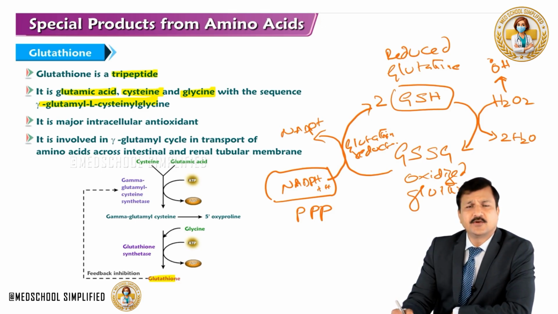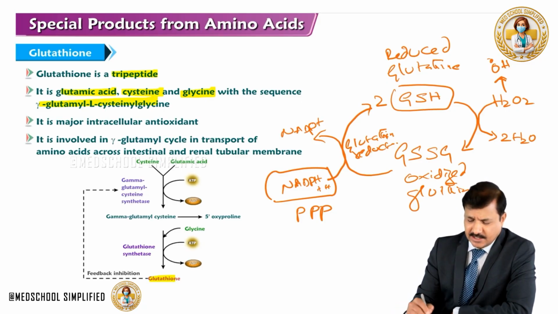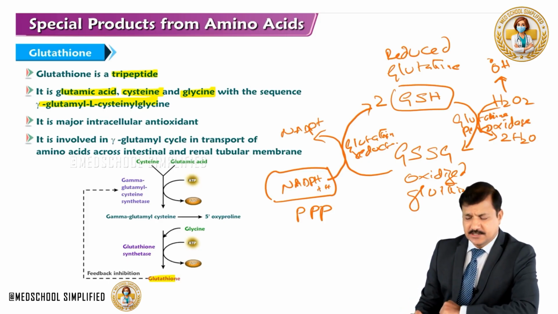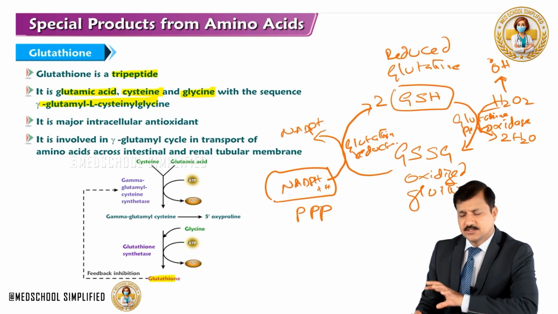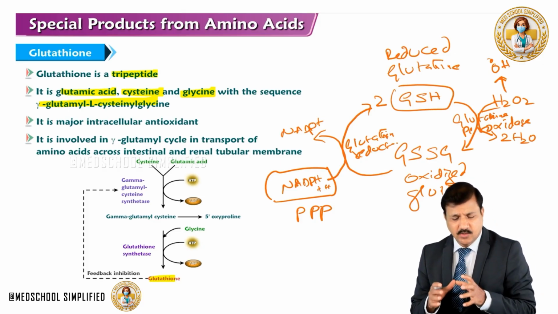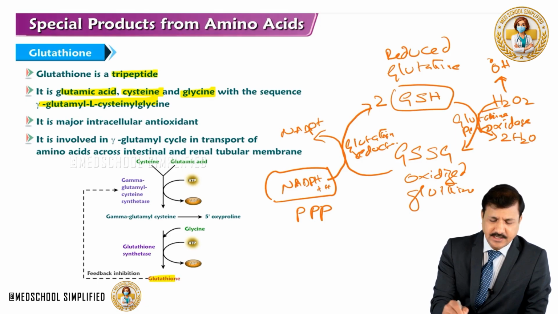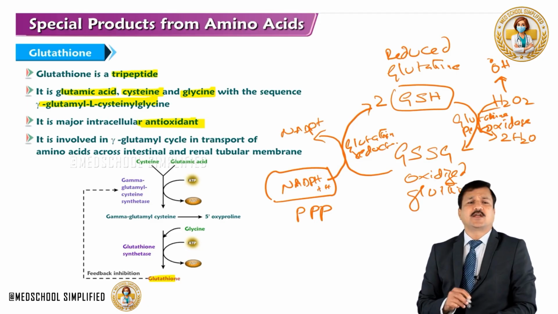The neutralization of hydrogen peroxide into water using GSH is done by the enzyme glutathione peroxidase, a selenium containing enzyme. So this is some of the detail of how glutathione acts as a major antioxidant in our cell. This is an intracellular antioxidant.